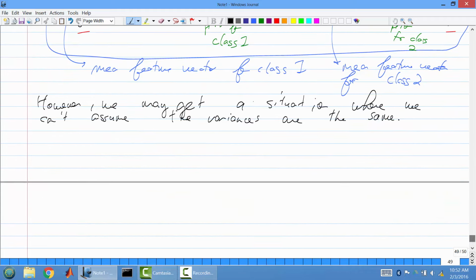Okay. Therefore, you will need to compute the discriminant manually. Sorry, not the decision boundary, the discriminant manually.